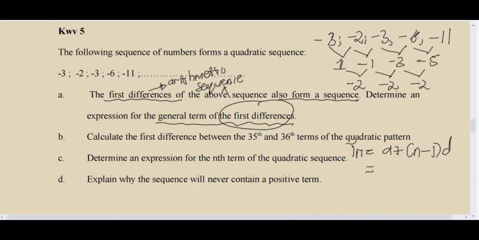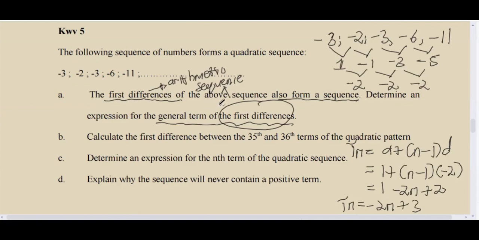Remember, this one is the quadratic sequence. We are looking for the arithmetic sequence. So our a is 1, plus n minus 1, and then d is negative 2, right? So this is 1, and then negative 2n, and then negative 1 times negative 2, that's plus 2. So our Tn is equal to negative 2n plus 3, right? So that's the expression for the general term of the first differences. That's how we were supposed to do it.